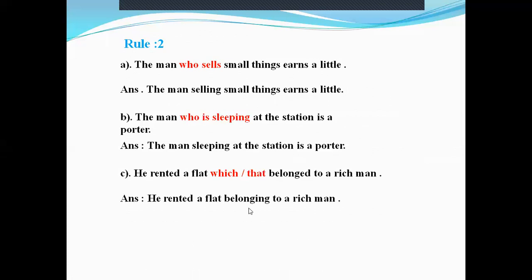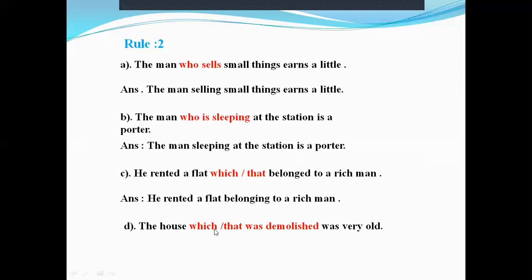So the answer will be he rented a flat belonging to a rich man, using ing after the main verb.